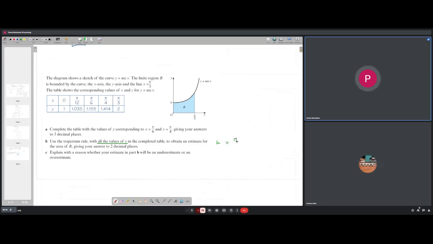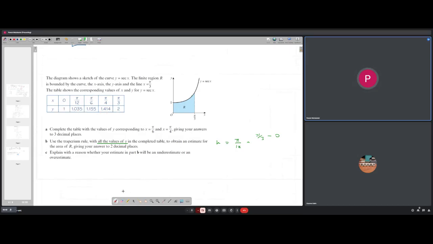If you want more clarity on why that is, take the ending value, pi over 3, take the first value, 0, and then see how many strips there are. There's one strip, that's 2 strips, that's 3 strips, and then that's 4 strips.